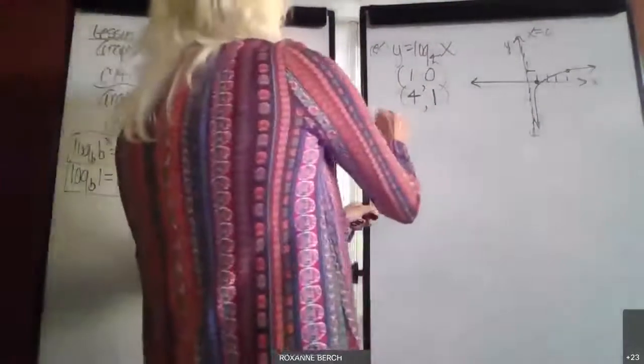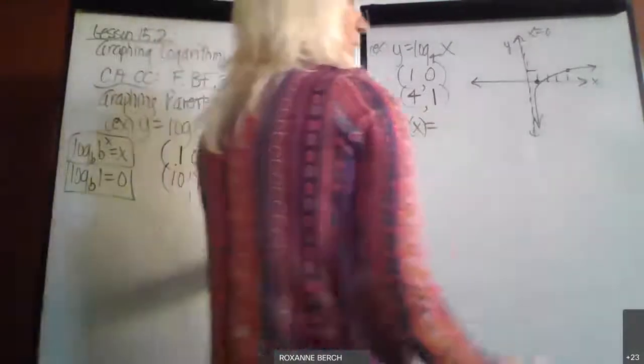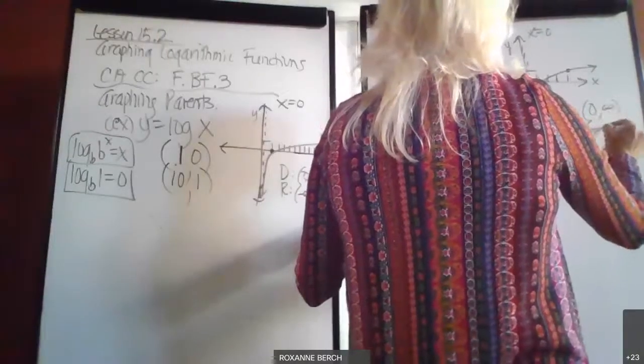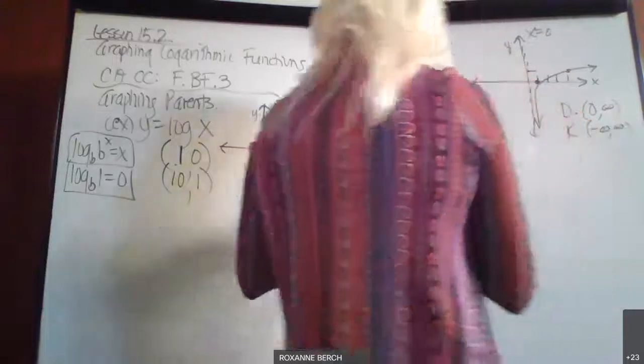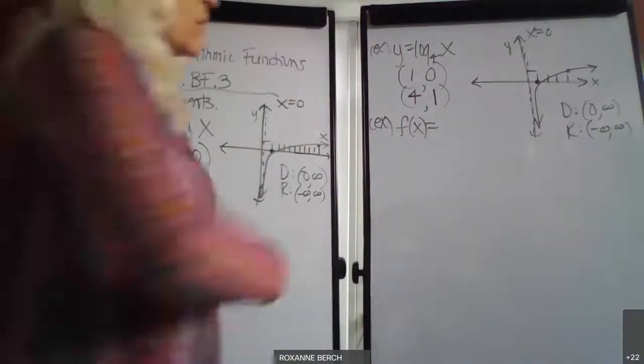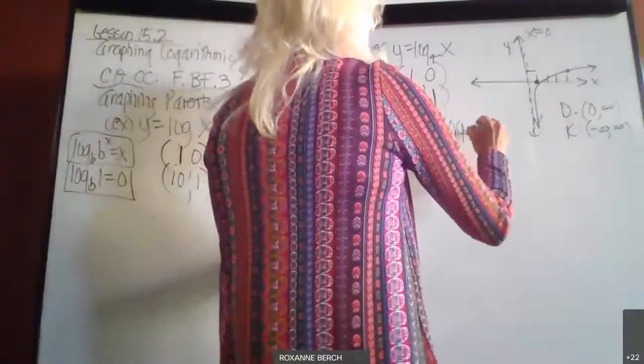All right, what's your domain? 0 to infinity, open on 0, to the right forever. And what's the range? All real numbers. All right, so what about log base a half of x?